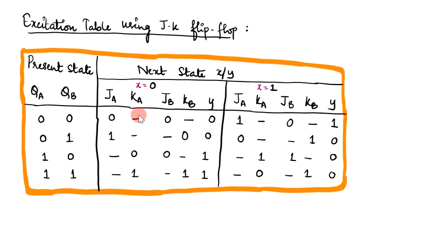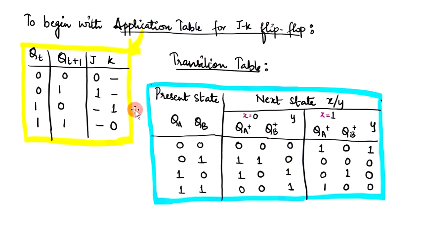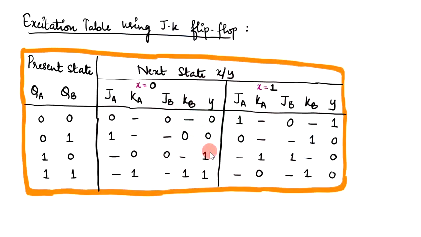Similarly, if you want to fill in the contents of JB, KB, you have to compare QB of the present state and QB plus. Only then it is possible for you to fill in the contents of this particular JB, KB. Y will remain the same as that of the transition table. Similarly here Y will remain the same as that of the transition table.